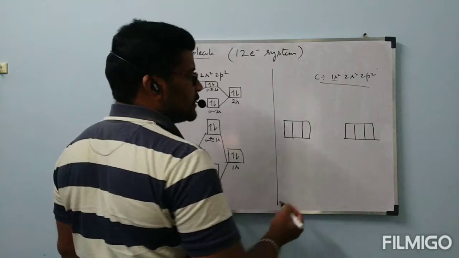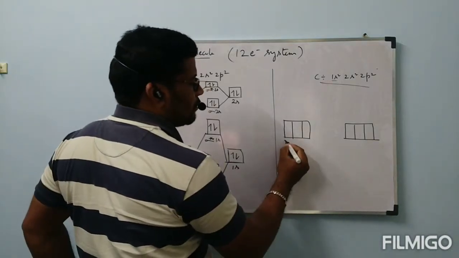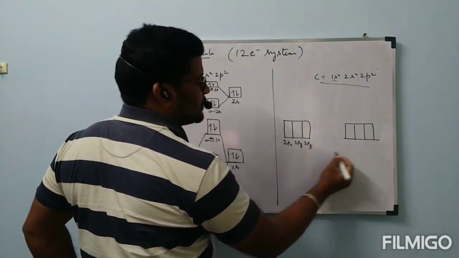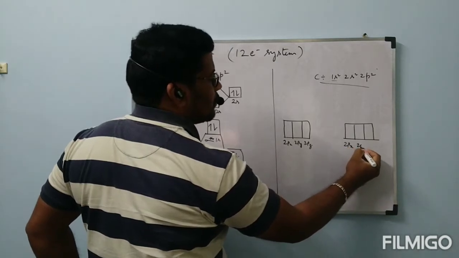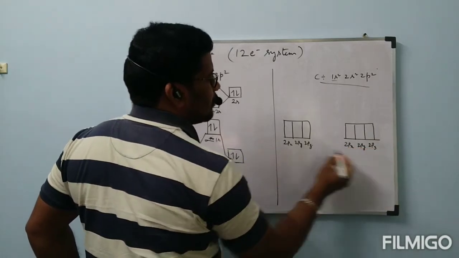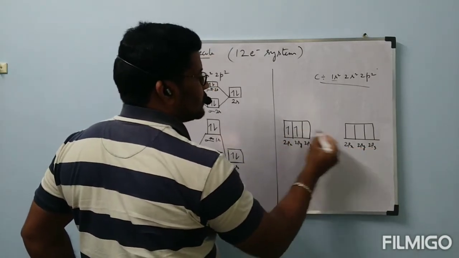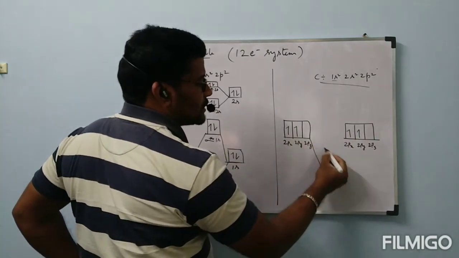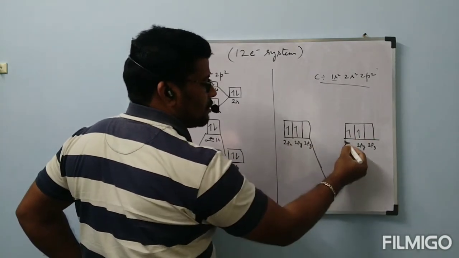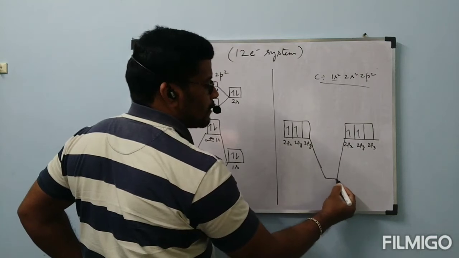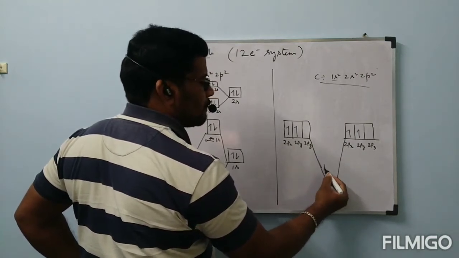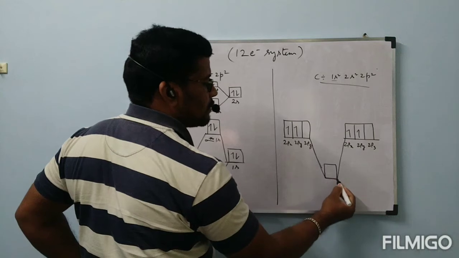P has 3 orbitals: 2px, 2py, 2pz, with one electron each here, like this. Now they will undergo constructive interference to form two orbitals here.